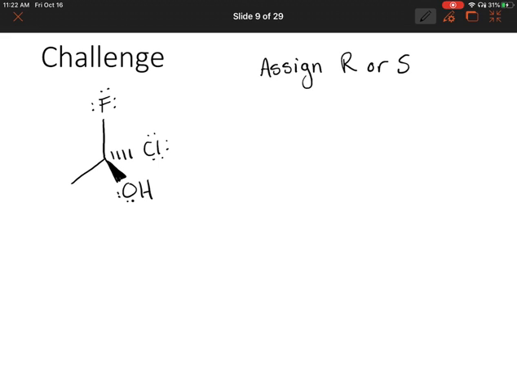Remember from our previous videos, we had to first assign priority to each of the substituents based on atomic mass. So whatever has the highest atomic mass gets first priority, and then we just go down from there. Feel free to pause the video and try this on your own, and then we'll go over it together.